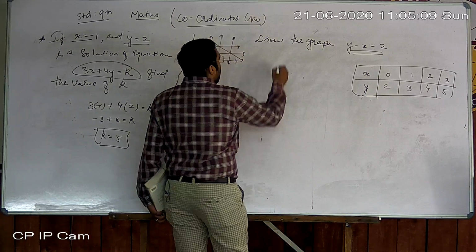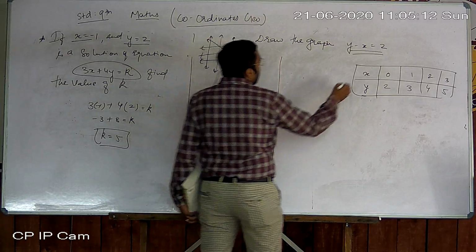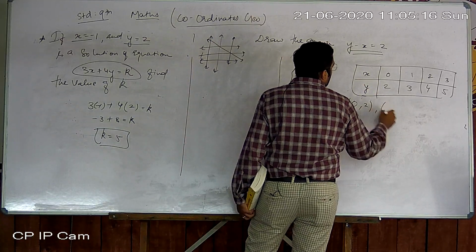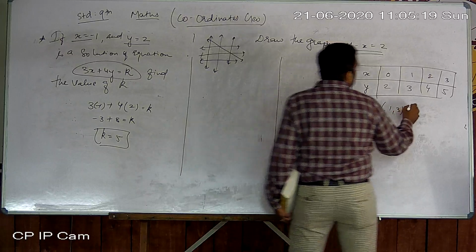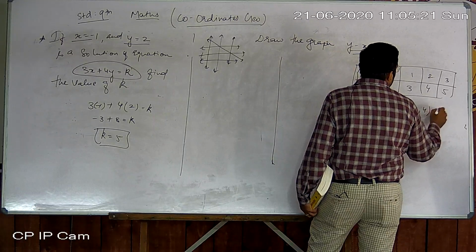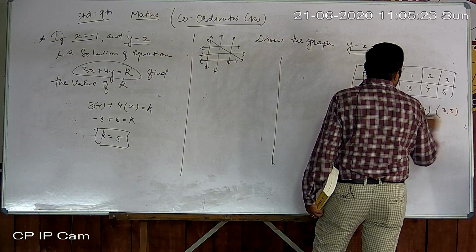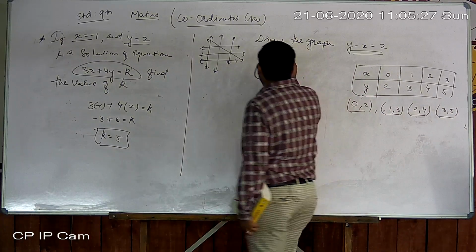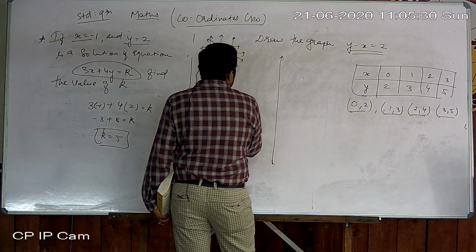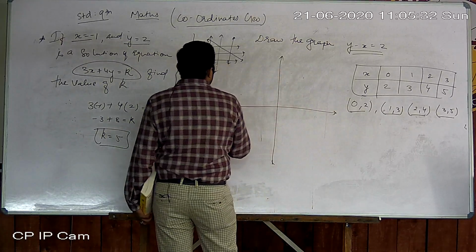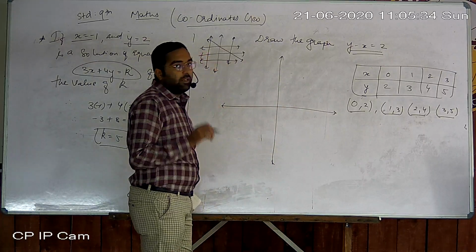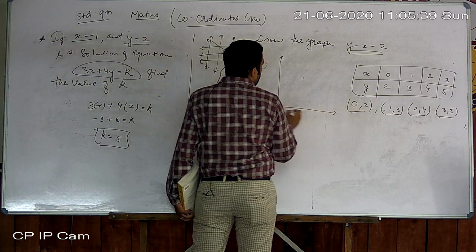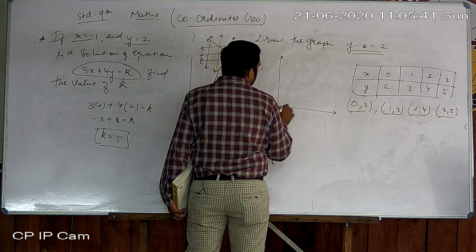Now the coordinates x comma y are 0 comma 2, 1 comma 3, 2 comma 4 and 3 comma 5. I will plot all these coordinates on the graph. As per the previous lecture on coordinate geometry, we already learned how to plot x comma y coordinates on a graph.